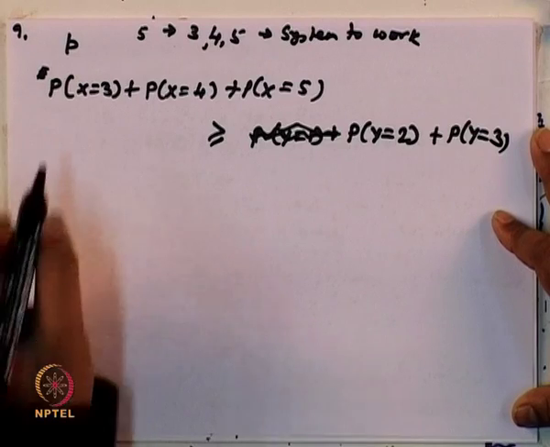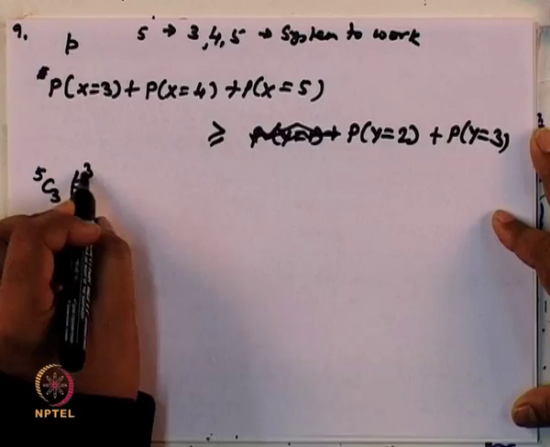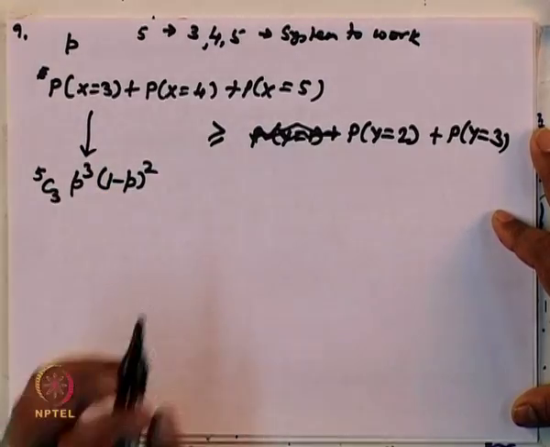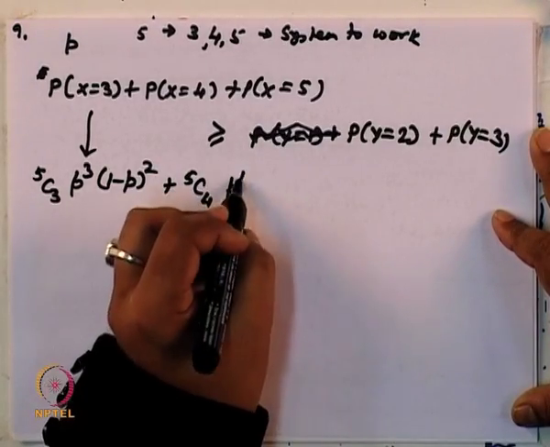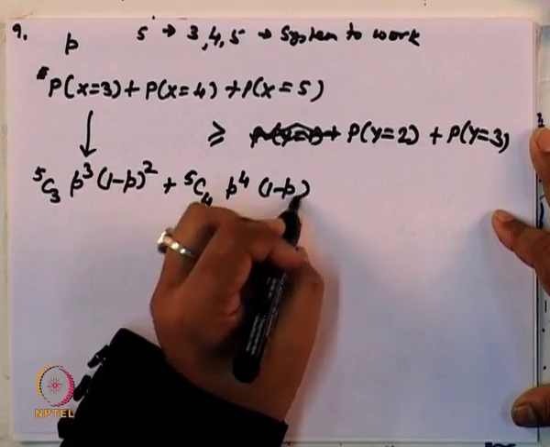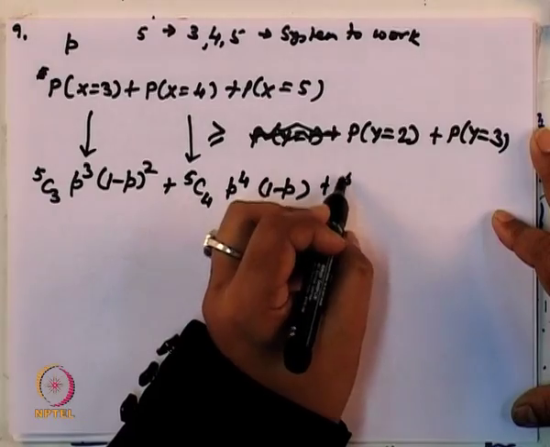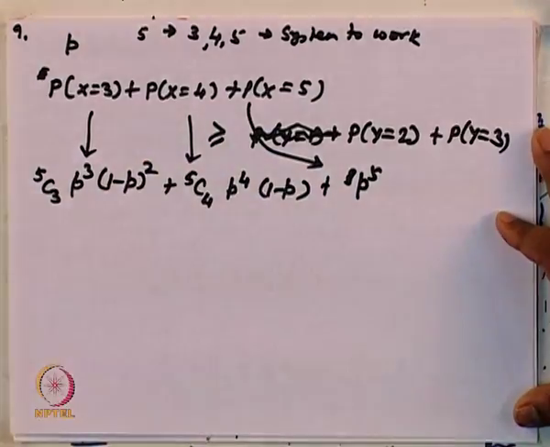Okay. So, for this I can write it as 5c3, okay, which is this component, right.